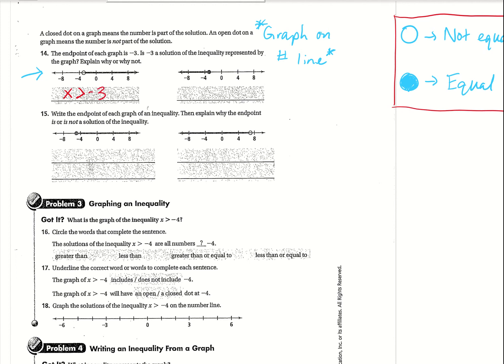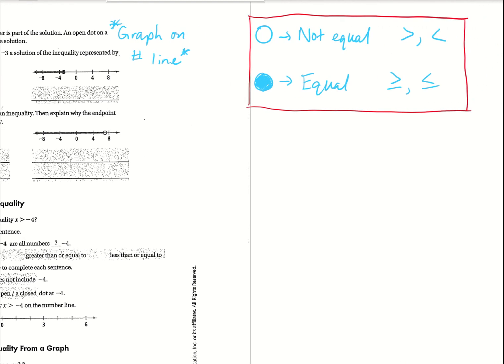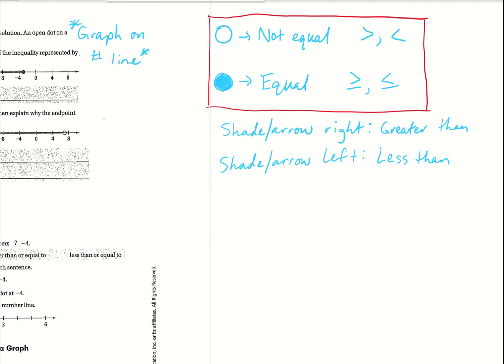Notice I didn't say greater than or equal to because I have an open circle. The other part of this is when it goes right, that means greater than. I'll write that over here for you as well. I wrote this down really quick for you.